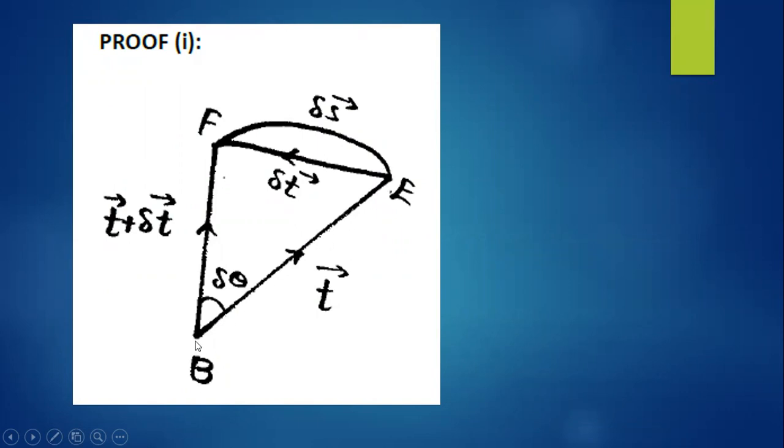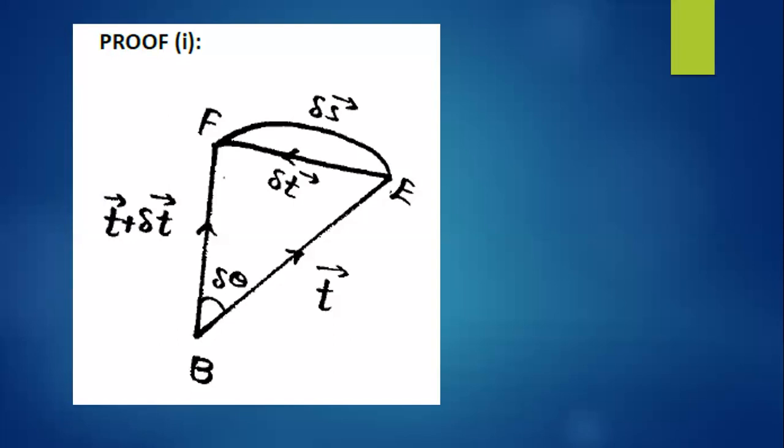This B is considered as origin, and from D to E, this is a tangent vector, and there is a certain change in T, meaning a change delta T. So this vector becomes T plus delta T, when we change from E to F. This arc is changed by delta s, and this angle is changed as delta theta.